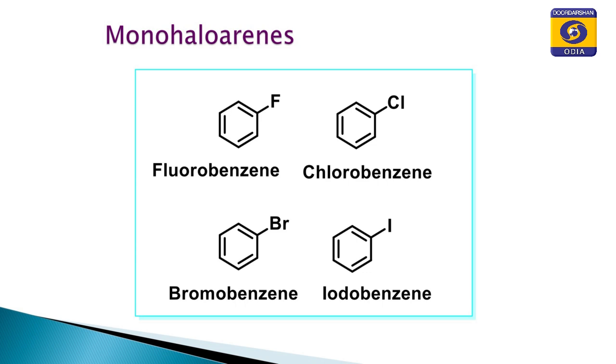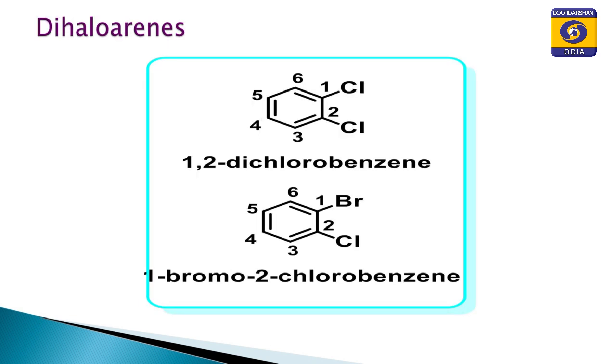In fluorobenzene, the hydrogen is replaced by fluorine. Similarly, in chloro, bromo and iodobenzenes, the hydrogen is replaced by chlorine, bromine and iodine respectively. Similarly, a compound is said to be a dihaloarene when there are 2 halogens.